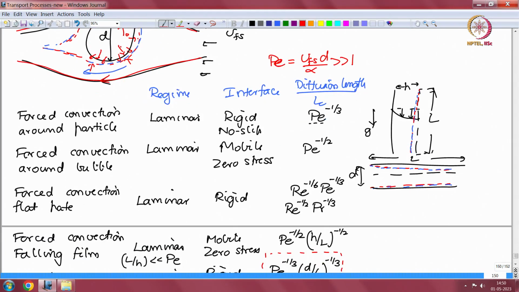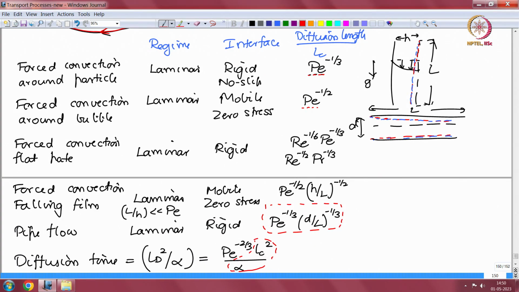In the case of flow around particles with a rigid surface, this length goes as Pe power minus 1/3. For mobile interfaces, it goes as Pe power minus half, for a bubble, say. For flow in a pipe or in a film, the exponent is once again 1/3, except that it is equal to Pe power minus 1/3 times D by L power minus 1/3.